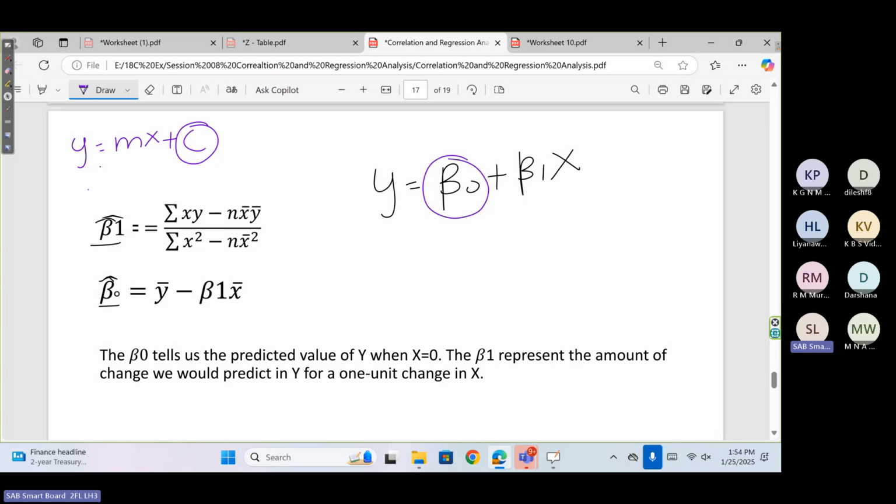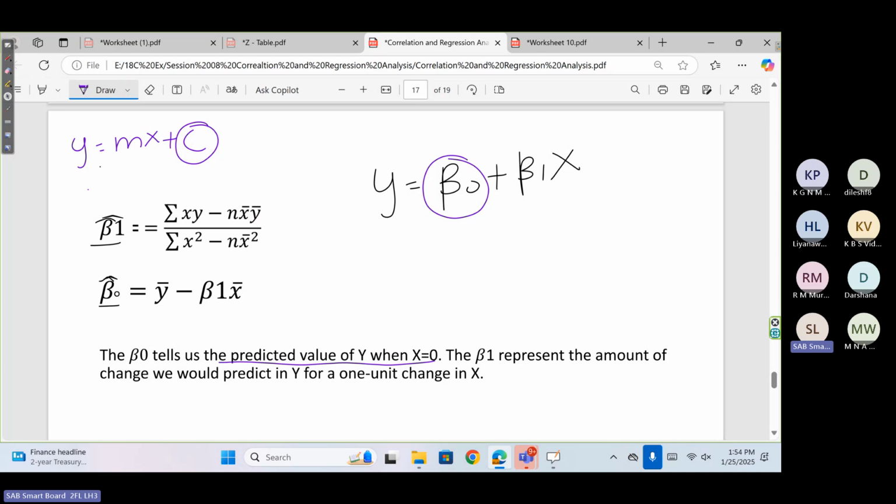It's an intercept. It means the predicted value of y when x equals 0. Y is the dependent variable, so beta naught gives the predicted value of the dependent variable when the independent variable equals 0. Take sales and advertising expenditure.